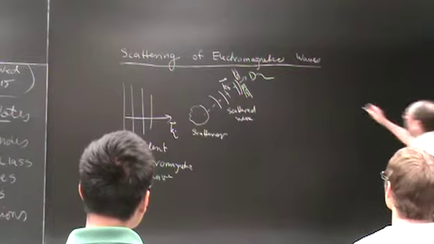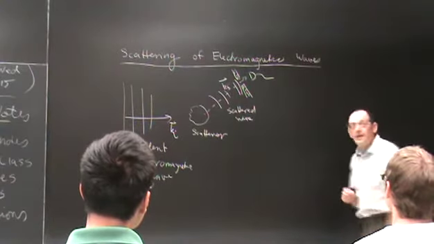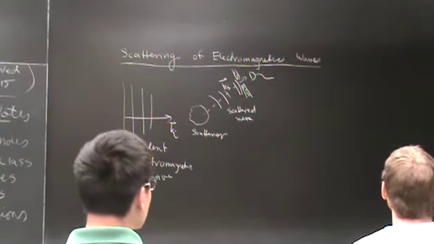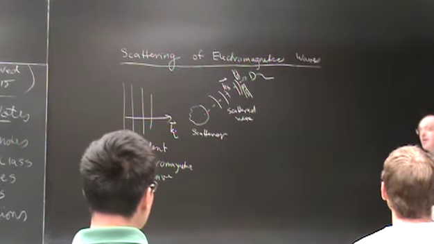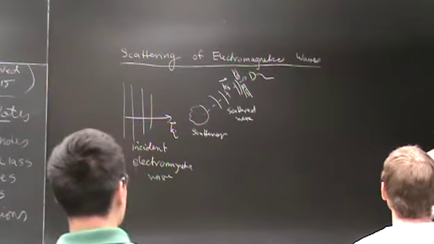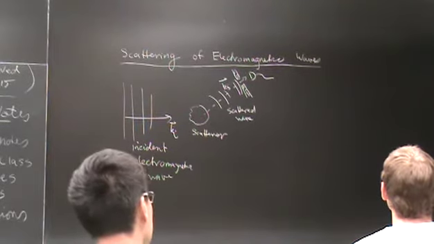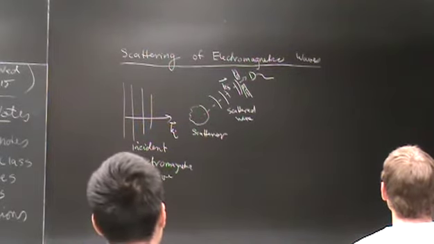Okay? And just to remind you, I know many of you are studying this now in quantum mechanics, but let me just remind you again how the notion of cross-section comes about.